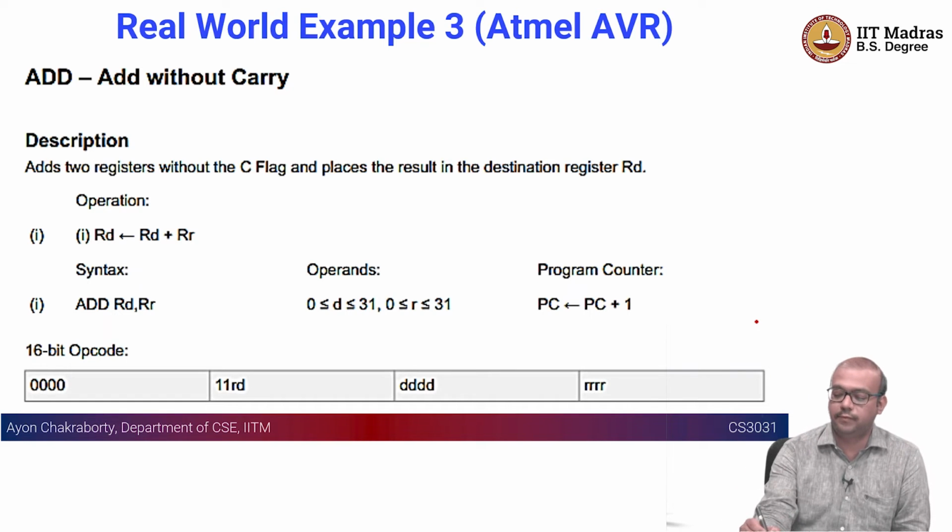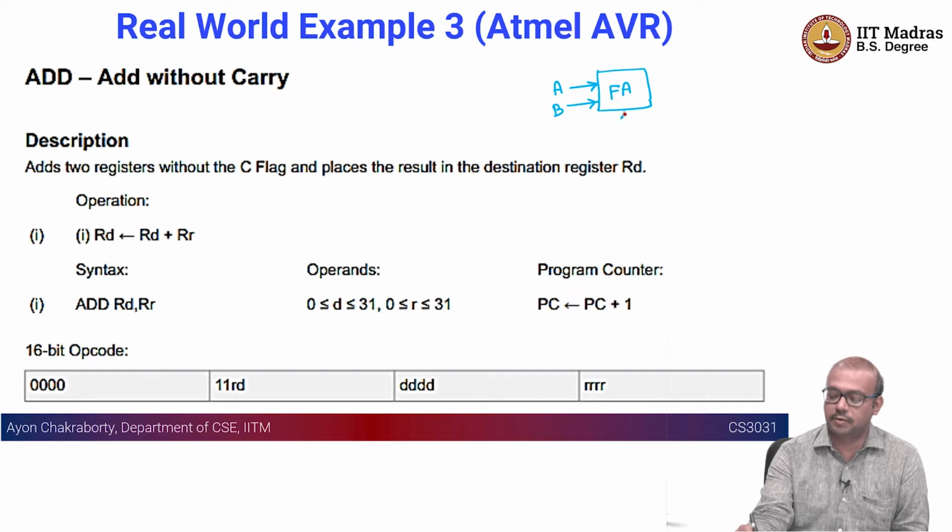So if you think of a full adder circuit, it is going to have A, it is going to have B, it is also going to have an input carry C in, and you are going to have a sum bit, sum, and carry out.